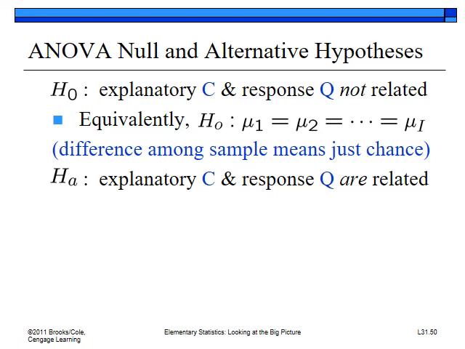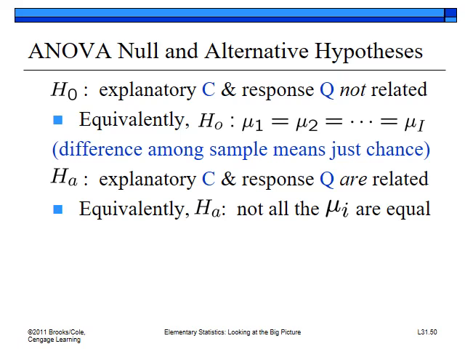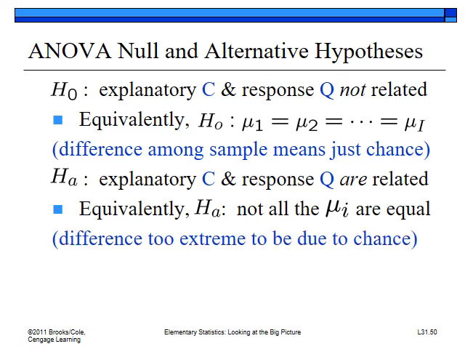How would we frame that in terms of our parameters? We would do it this way. The alternative is that not all of the means in the populations are equal. That is, that the difference that we see in our sample is too extreme to be chalked up to randomness.